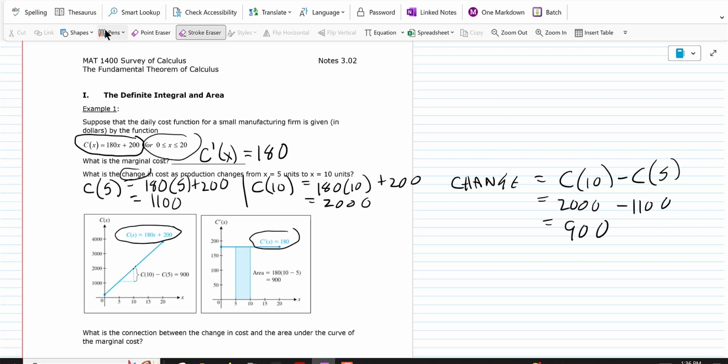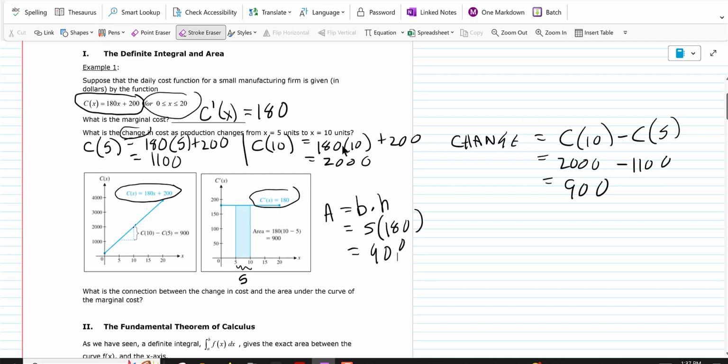What you're doing is base of 5, and the height is 180, so the area is base times height. The distance between 5 and 10 is 5, and the height is the function value, so that gives you 900. It's kind of bizarre that you get the same answer, but there's an important connection between the two.